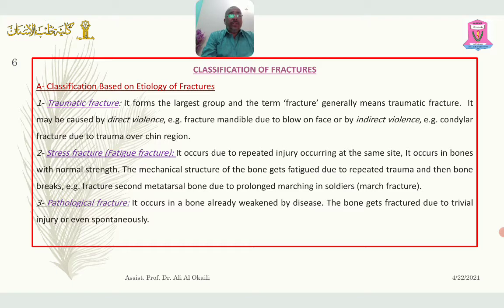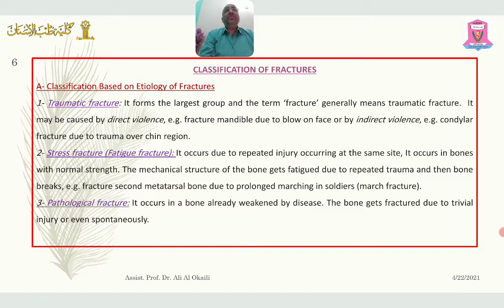For example, fracture of second metatarsal bone due to prolonged marching in soldiers. الميتاتارسال بون هي عظام الأصابع للأقدام نتيجة ضيق أجلكم الله الأحذية أو المشي والركض لمسافات طويلة ممكن يؤدي إلى كسر بالميتاتارسال بون.